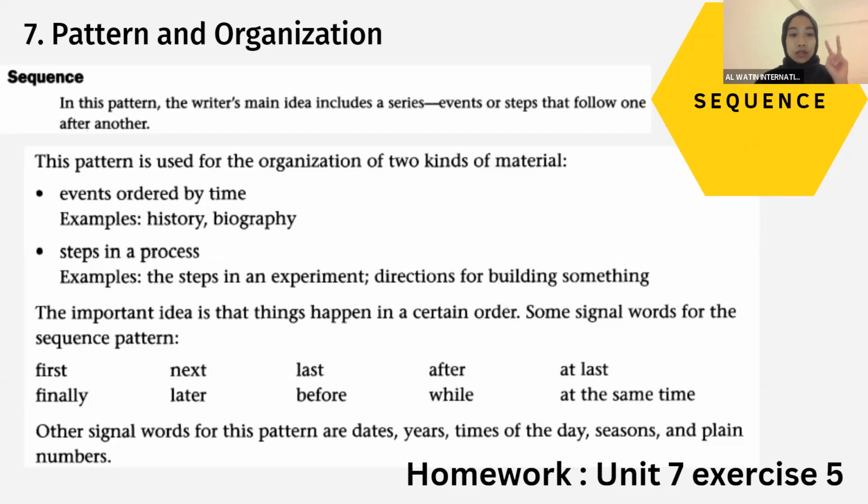What else? Two kinds of sequence other than story, history, and biography. Here, whatever puts steps in the experiments. For example, the steps in the experiments, the directions for a building, or usually the steps of cooking. For example, you want to make a brownie, a cake.